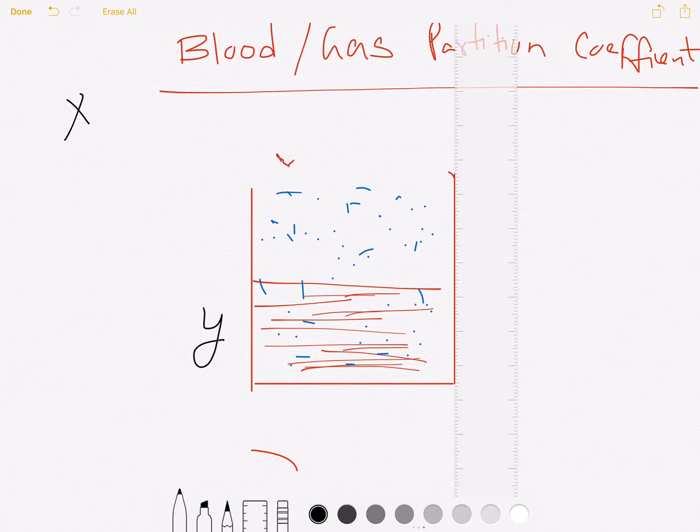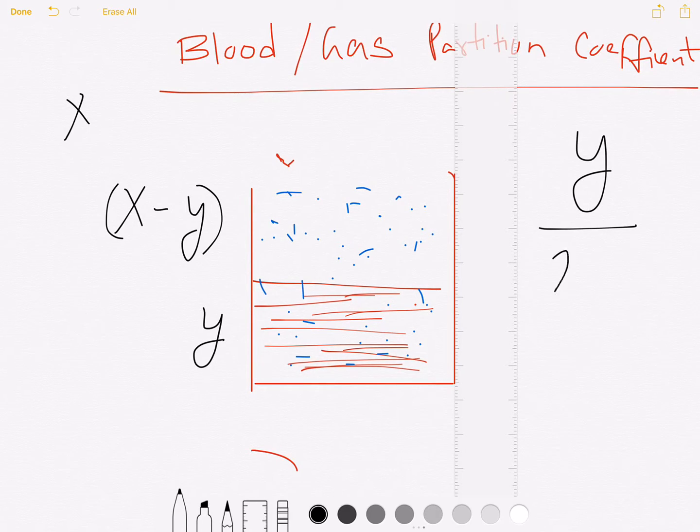But some of the gas would stay in a gaseous form in equilibrium. So if the total gas was X, and Y has dissolved in blood, the gas that stays in gas form is X minus Y. So the blood gas partition coefficient would be the amount in the blood divided by the amount that's in gas form, that means that did not dissolve in the blood. That's Y divided by X minus Y, where X is the total amount of gas and Y is the amount dissolved in the blood.